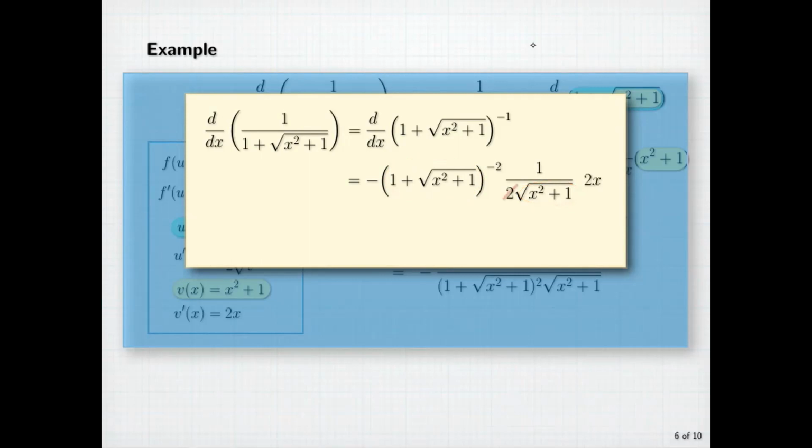Cancel the 2's and write the derivative in its final form.